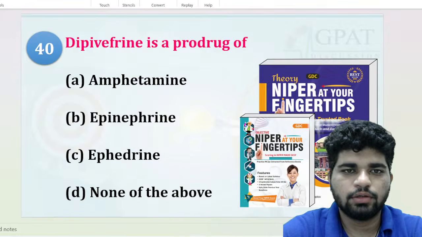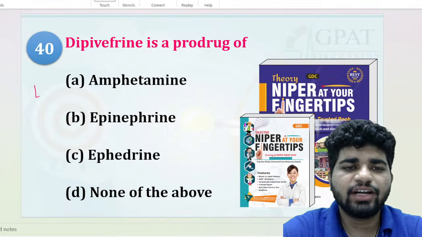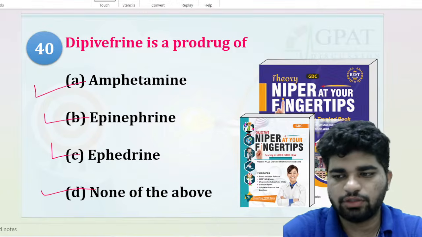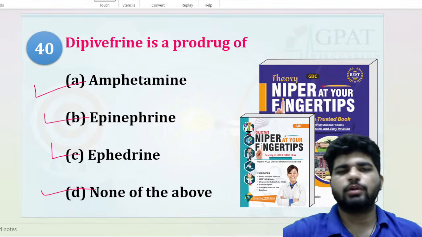Okay. Now, dipivefrin is a prodrug of amphetamine, epinephrine, ephedrine, or none of the above. Simple one.